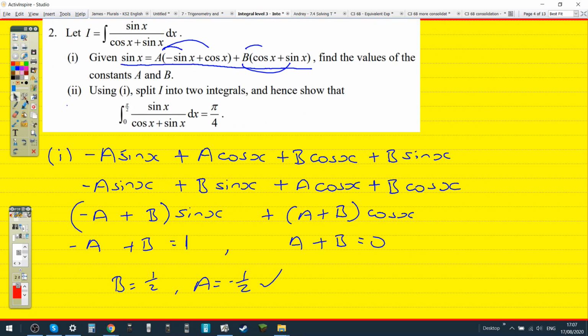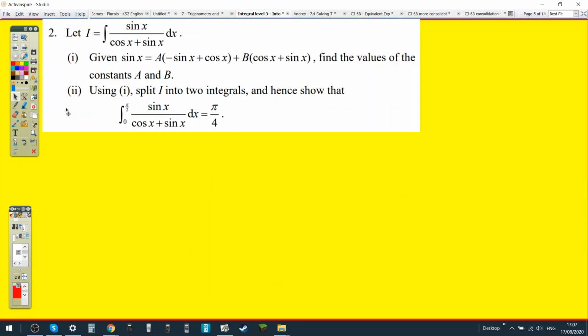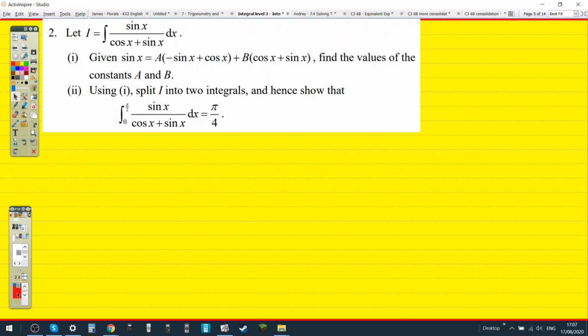And then part 2. Into 2 integrals. Wouldn't that be partial fractions then, if you split it into 2? It says using part 1. So using part 1, split I into 2 integrals. How can you use part 1?